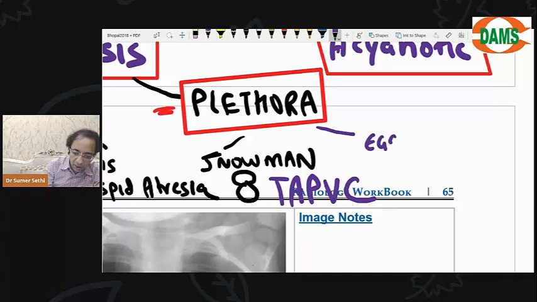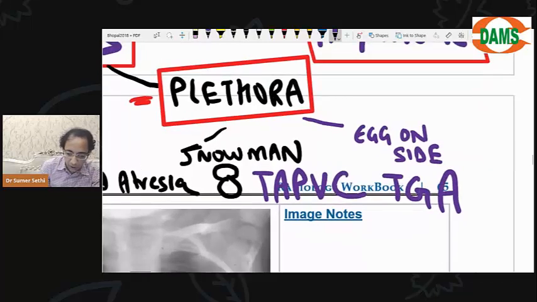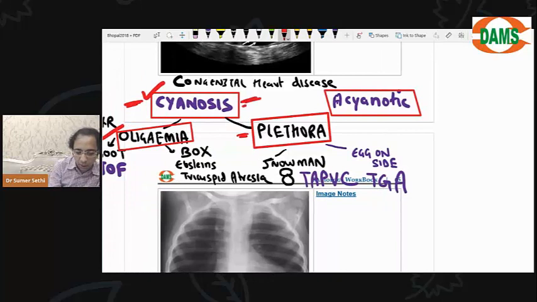If the heart is shaped like an acorn side, then we call it TGA. Okay, I will show you all of this. Don't worry, मैं सब दिखाऊंगा, घबराएंगे नहीं. Okay, but the key is ये पूरा मेरा चार्ट पता होना चाहिए. क्लिनिकली साइनोसिस होगा, एक्सरे पे लंग्स में इंक्रीज वैस्कुलरिटी, शेप ऑफ द हार्ट लाइक अ स्नोमैन, देन TAPVC, acorn side, TGA.